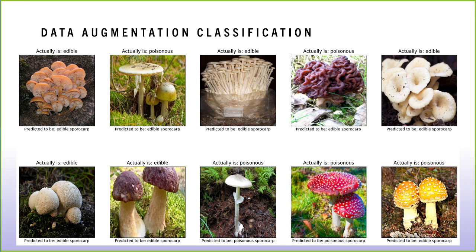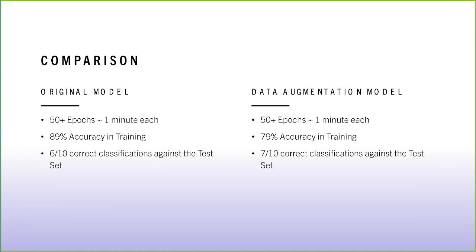Now, for the data augmentation classification, there are 7 out of 10 correct. If you compare this to the original model, both were run for about 50 epochs each, which took around a minute.